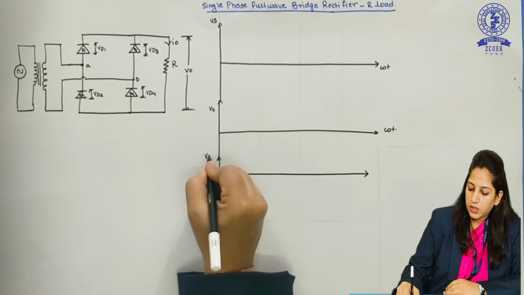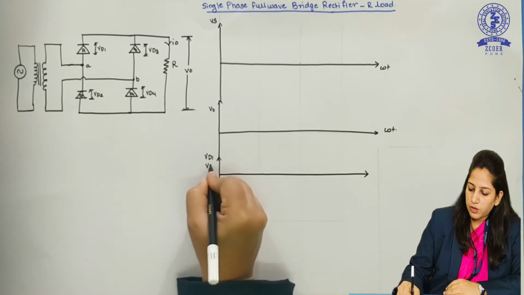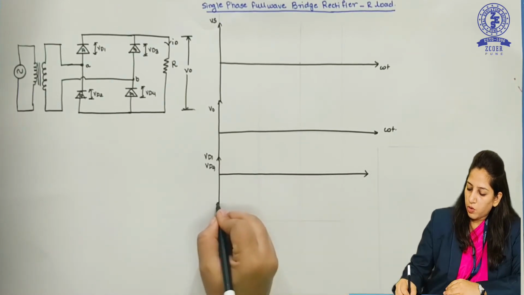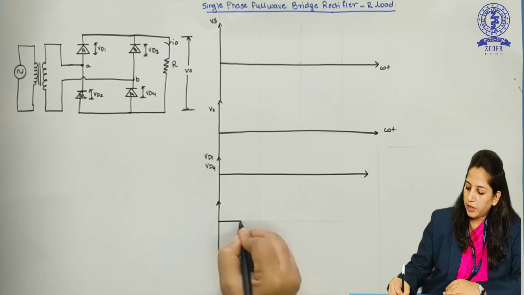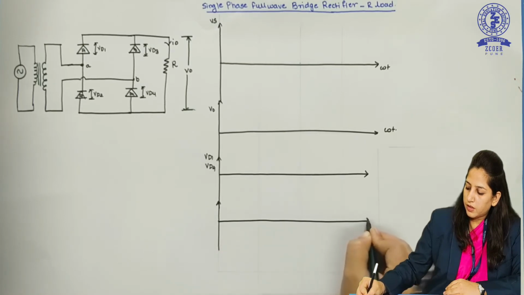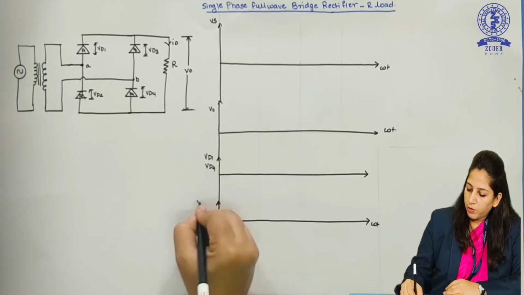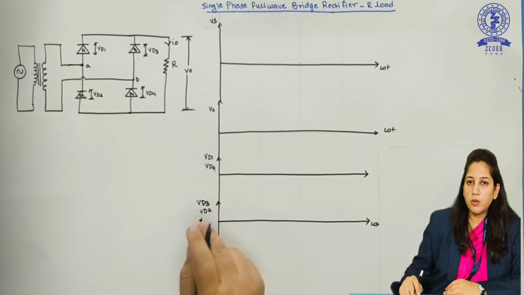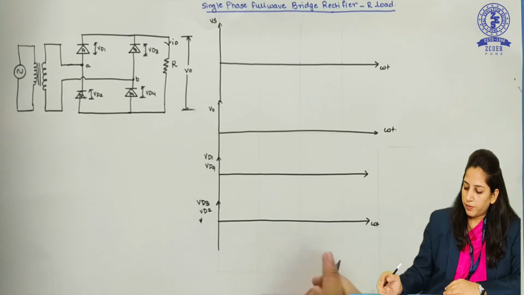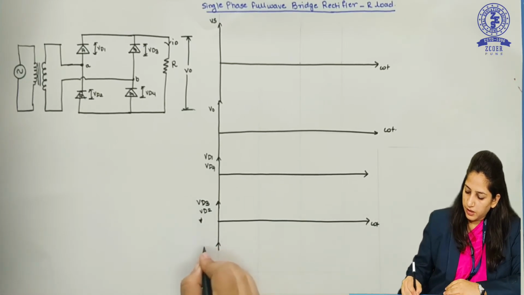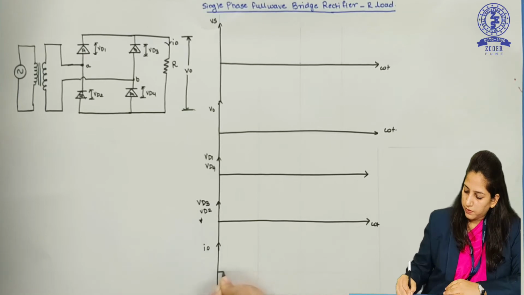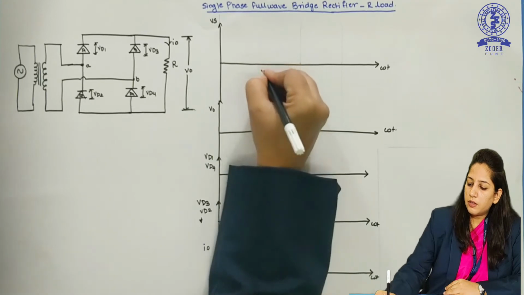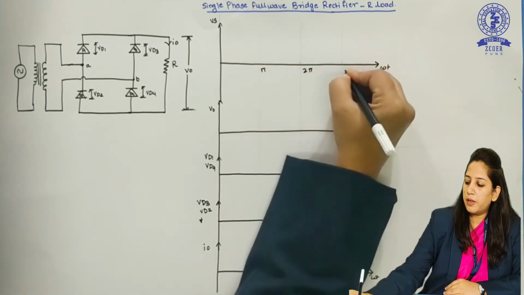So voltage across D1 and voltage across D4 will be same. So I will draw only a single wave indicating it, and similarly for VD3 and VD2 I will be using a single plot here, and finally current IO. Okay, and we will see for pi radians difference.